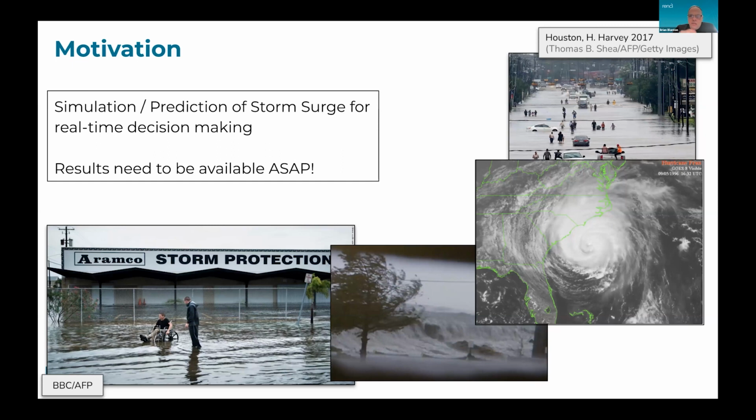One way to think about it is the forecast cycle from the Weather Service is about 6 hours long. So every 6 hours, they publish a new forecast for the weather, whether it's hurricanes or other types of large-scale meteorological weather. And if we have information we want to attach to that forecast somehow, if it takes us longer than 6 hours to compute our results, then they're already late, they're already old. So we really have to be within that 6 hour window for the results to be most impactful.